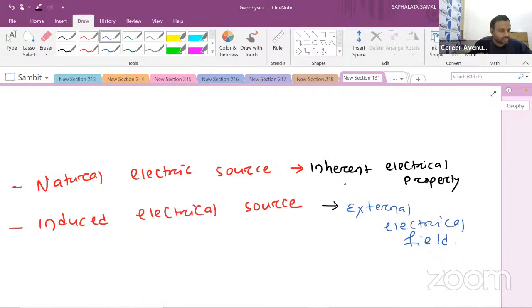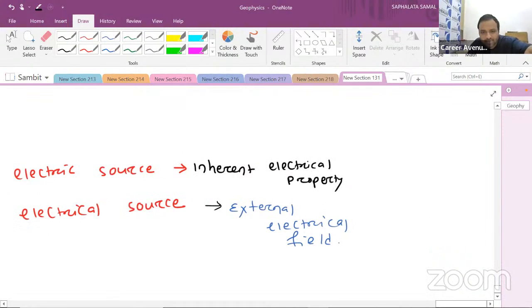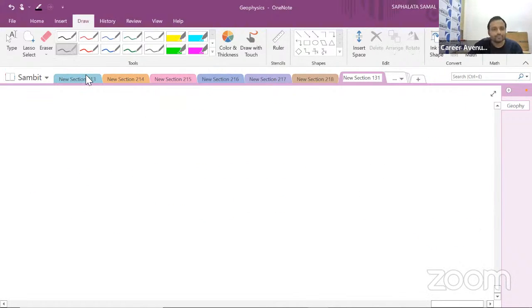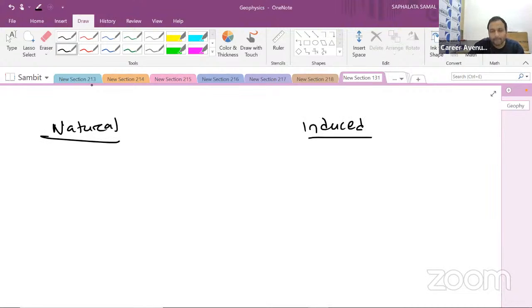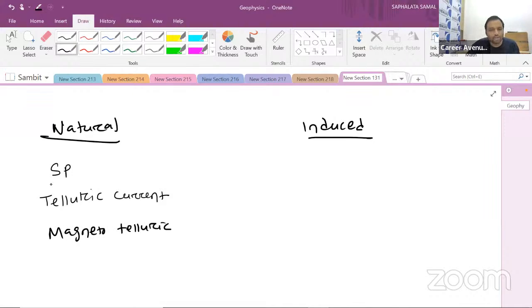The natural electric sources are the self-potential method, or spontaneous potential, telluric current, magnetotelluric, and audio frequency magnetotelluric, AFMAG.